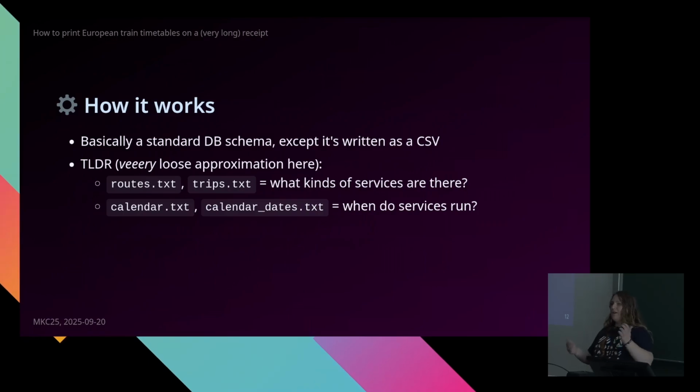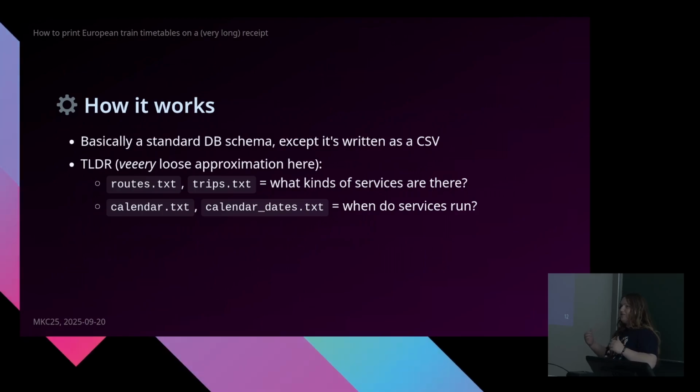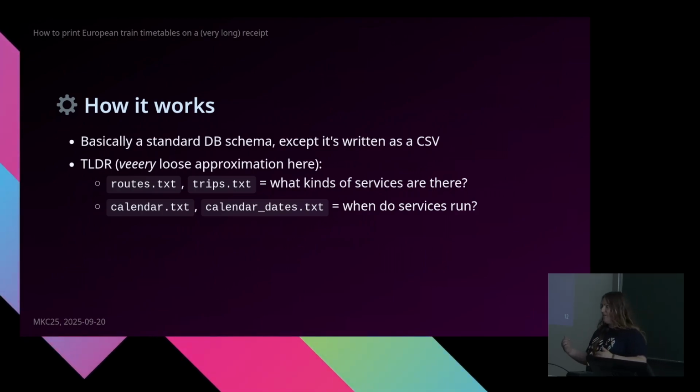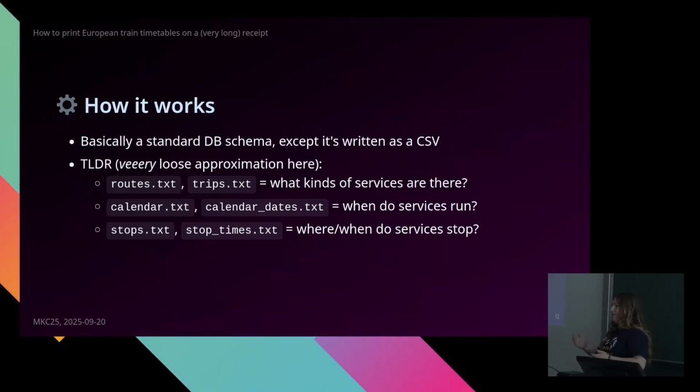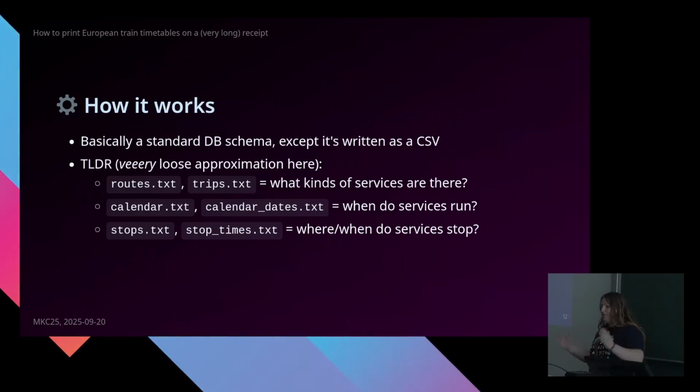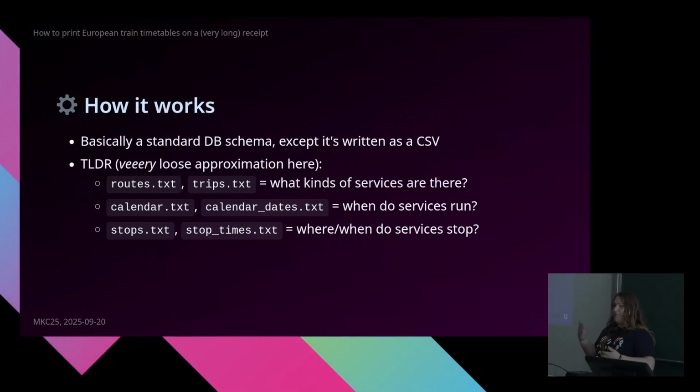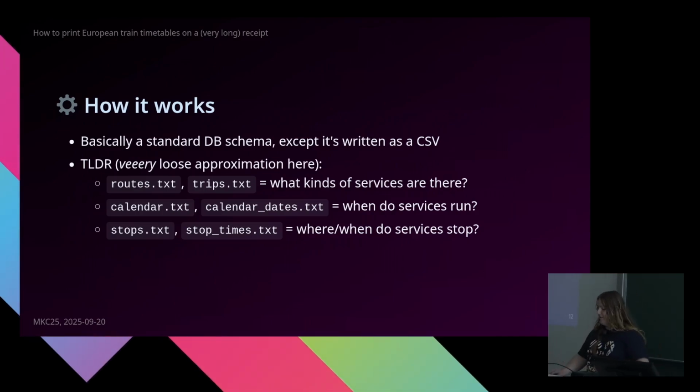Then there's also a whole calendar part, which is about describing which days the different services run on. So it allows for weekdays and holidays and all of that dynamic planning. There's also stops and stop times, which allow us to describe when the trips actually stop somewhere, and where they actually stop. So there's coordinates in there.